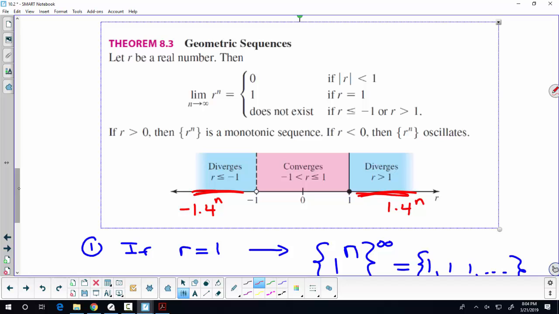So basically, if you just remember the convergence here, then by implication, you know where it diverges as well. Do y'all have any questions so far?